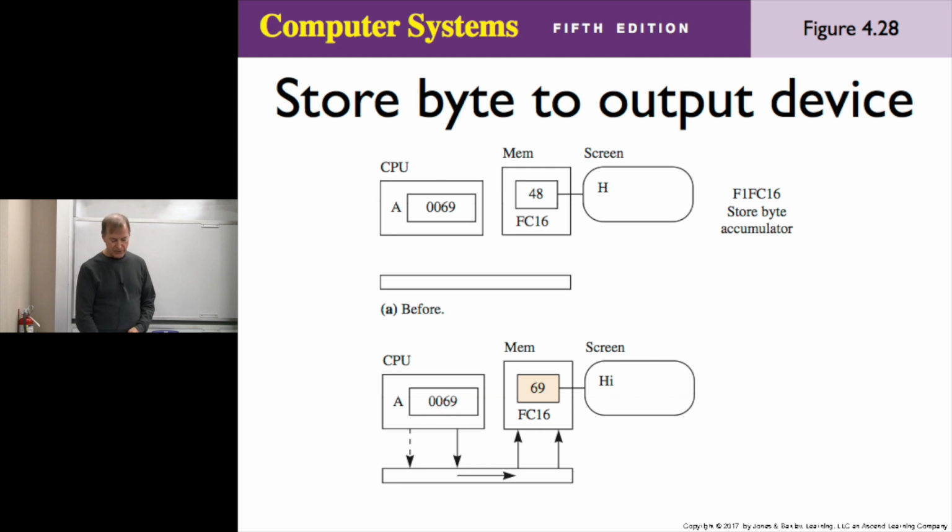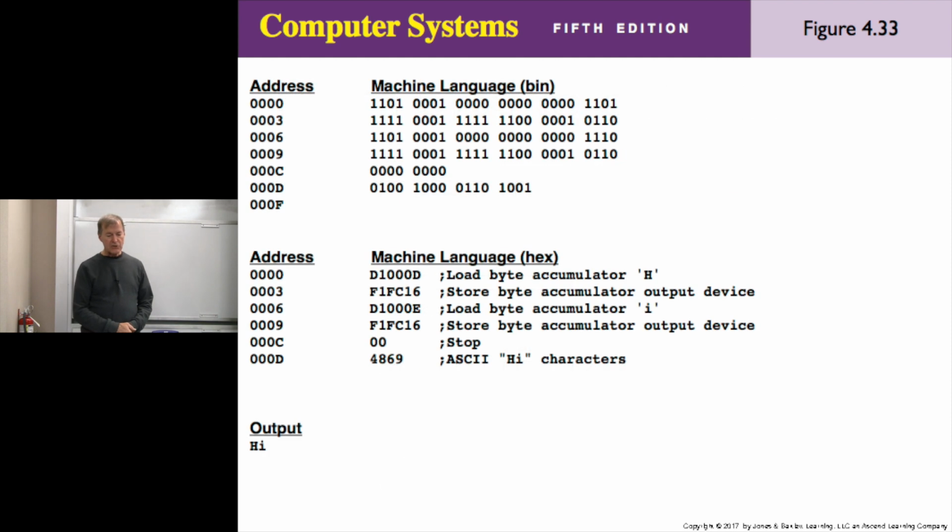All right, so here we go. Let's do it. Now, in figure 4.33, here is our first machine language program. In the top part of the slide, we have it all written out in binary. We've talked about how this looks visually on the printed page or on the screen, right?